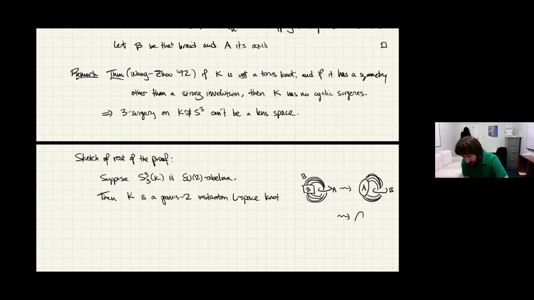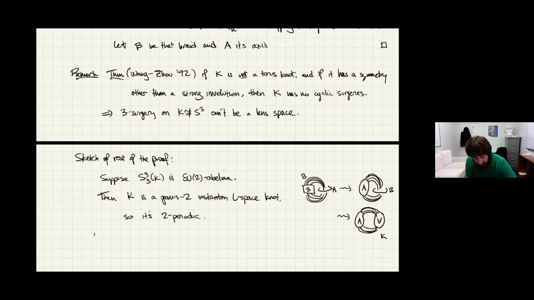Maybe I should have drawn this on the last page. We take 2 copies of that tangled mess that I labeled with A, and we join them together. That's what the knot K is supposed to look like. So in particular, it's 2 periodic.